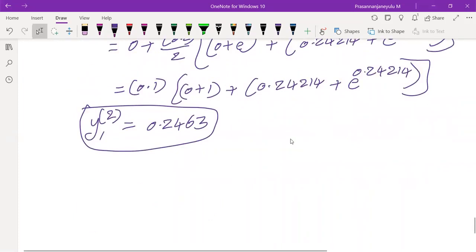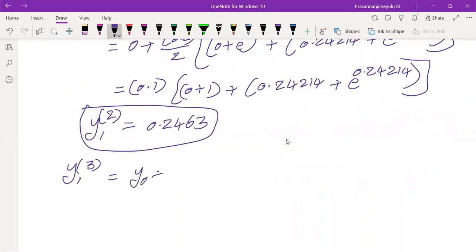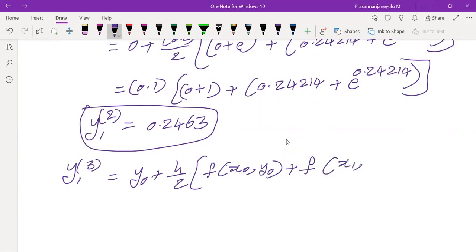What is the third approximation formula? The third approximation of y1 is equal to, the formula is y0 plus h by 2 into f of x0 comma y0 plus f of x1 comma second approximation of y1.